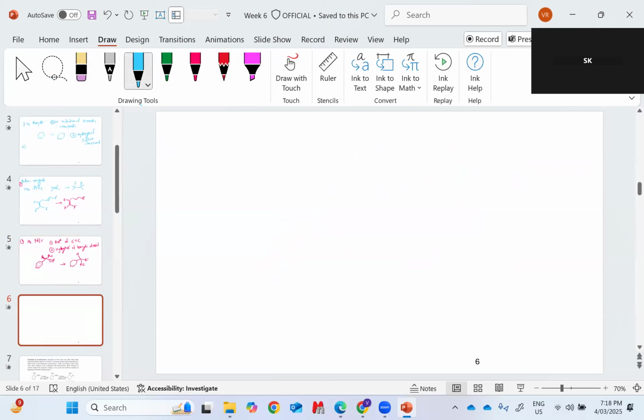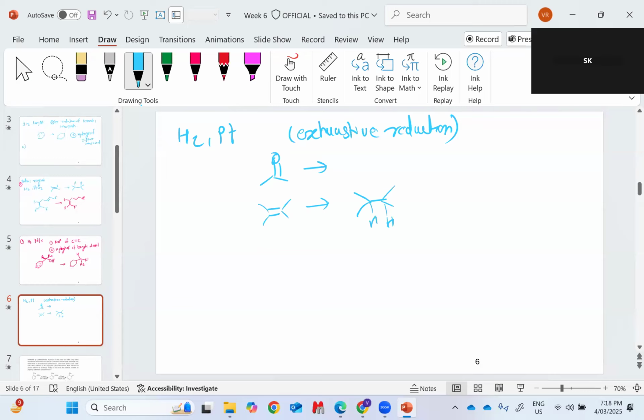Further, there is another reagent, that is H2 on platinum. We generally call this the exhaustive reduction reaction. It is used for exhaustive reduction. If we have any kind of ketone, that can also get reduced. We already know this platinum reduction also converts a double bond into a single bond by the addition of hydrogen, and obviously the addition will be on the same side.